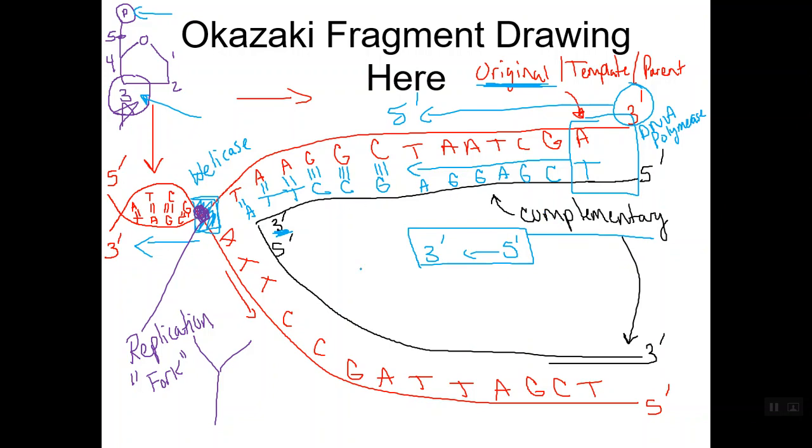All right, on the bottom strand in this drawing, the 5' side is on the left. Here it is right there. So that is where DNA polymerase is going to park itself, and it's going to move. Again, it has to synthesize from the 5' side to the 3' side on the complementary strand. So in this case, it has to go away from helicase.